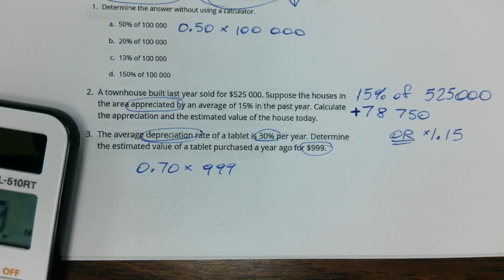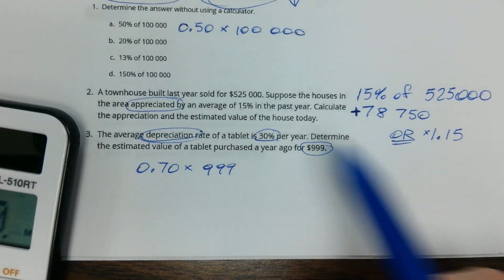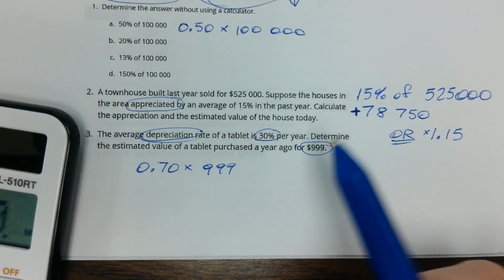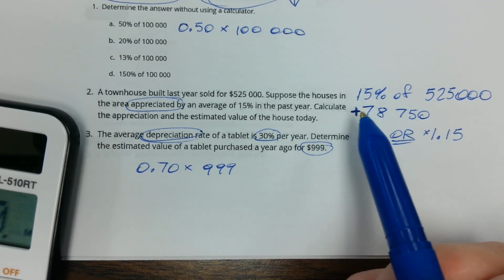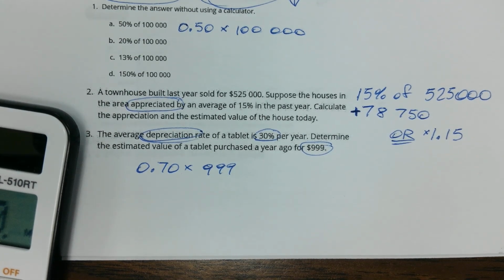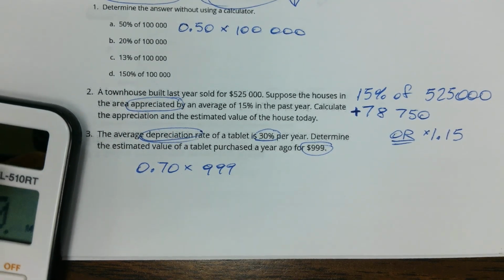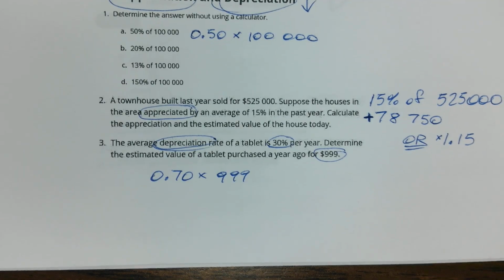Or if you want to follow this method, you could also do 30% of 999, and then because it's a depreciation, you subtract it from the 999. So both ways work. But just know when to add it, when to subtract it, because appreciation, depreciation.